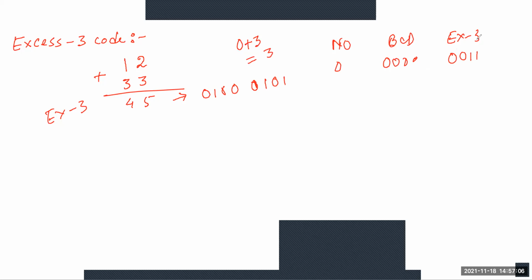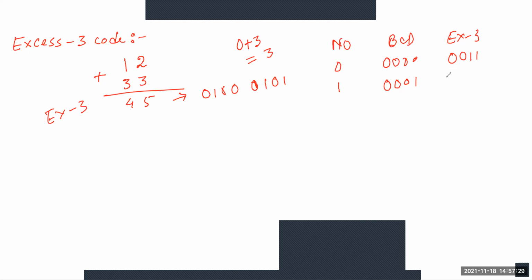XS3 code also follows the 8421 rule. For the case of 1, BCD is 0001, and for 1, what is the XS3 code? 4.